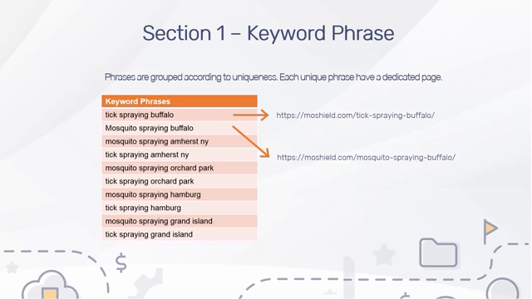So for example, in this slide we see tick spraying in Buffalo would be moshield.com/tick spraying Buffalo, and mosquito spraying Buffalo would be moshield.com/mosquito spraying Buffalo. Instead of having, for example, moshield.com/spraying and having both tick spray and mosquito spray on that page.